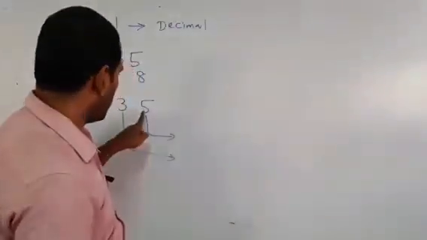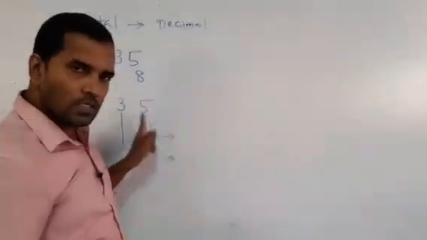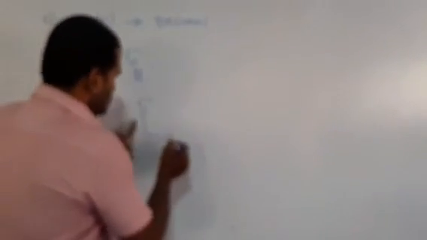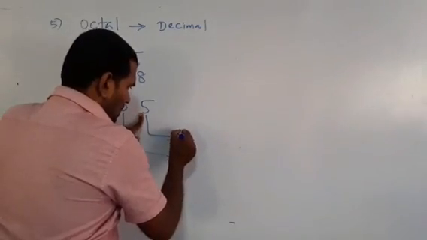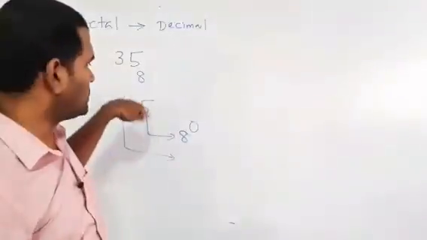Look at this digit, 5. It is located first, then 3. So I can write the position of this 5 as 8 to the power 0. The reason for having 8 here is it's an octal number.